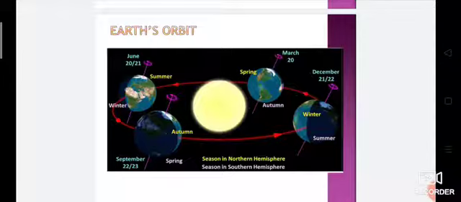Whereas if the length of the day is 10 hours and the length of the night is 14 hours, then it causes winter.